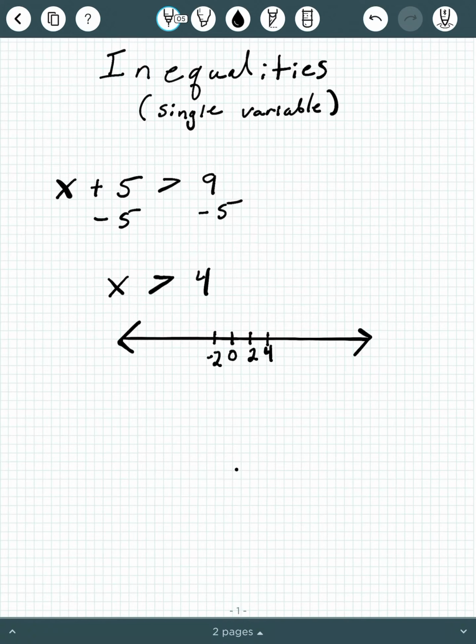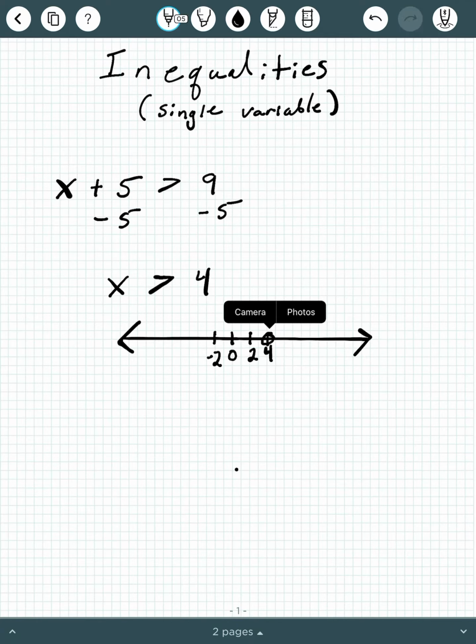Here's -2. So we'll look right at 4, and that's where we begin our boundary point. Since our answer can't include 4, we'll use an open circle to identify that. Let me do a better open circle than that.